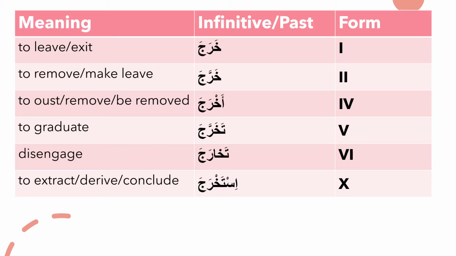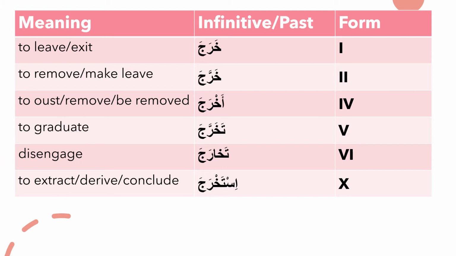So, here is just sort of a brief overview of our different verb forms. There are 10 forms in total that as Arabic students we should try and learn. And a form just means that the root, the 3-letter root, is following a certain pattern.